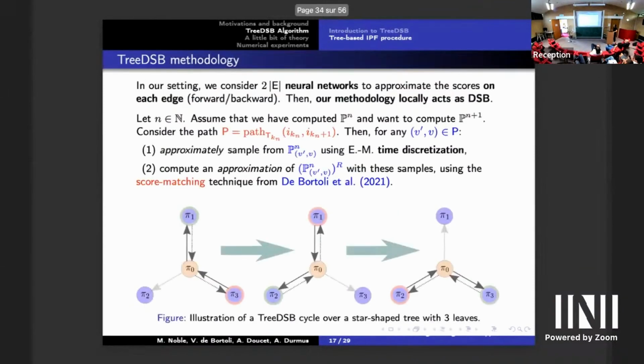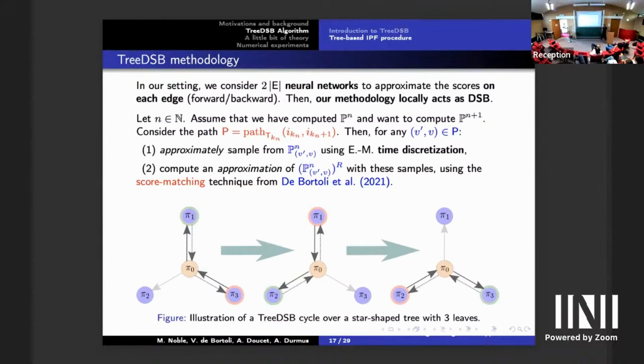And so how do we do it? As I said, in the two-marginal setting, you have two neural networks to approximate the forward drift and the backward drift. So now this is bad for me, but I have to consider 2 times the number of edges of neural networks, because I need one neural network to approximate this direction of the drift and one for this direction.